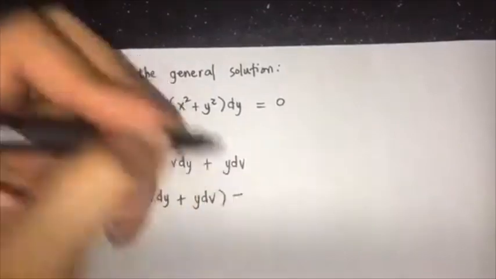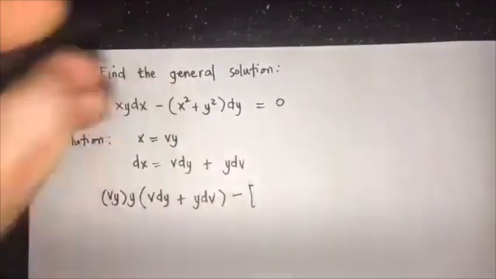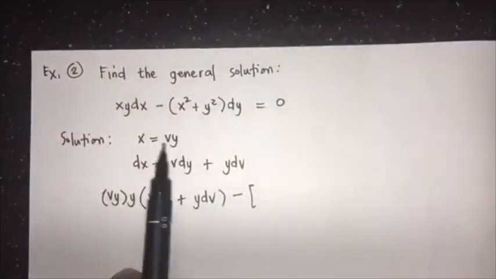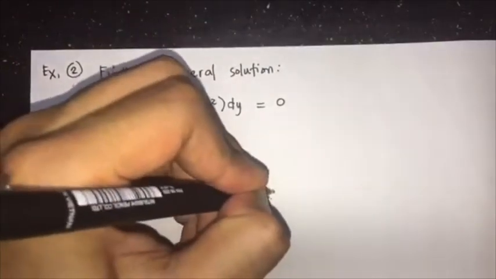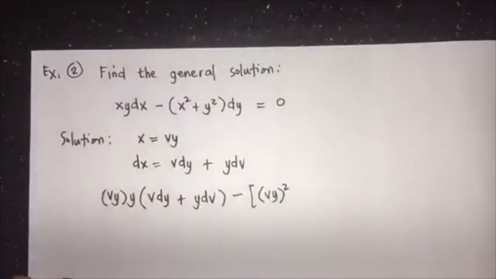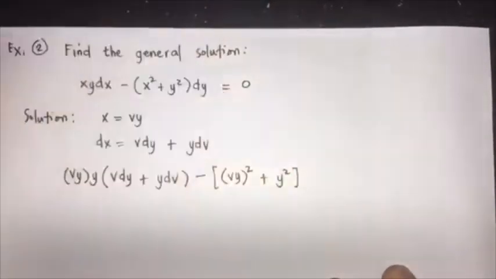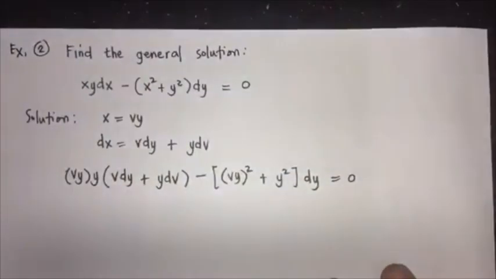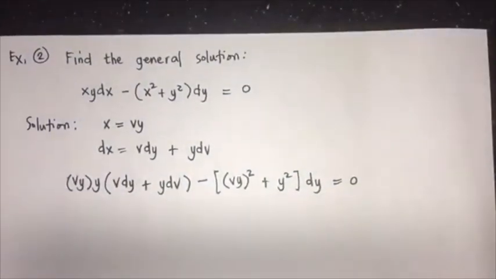Okay, minus, we have x squared, so x is vy, so (vy) squared plus y squared dy is equal to 0. So again, before we do anything, let's work on canceling at least one term.